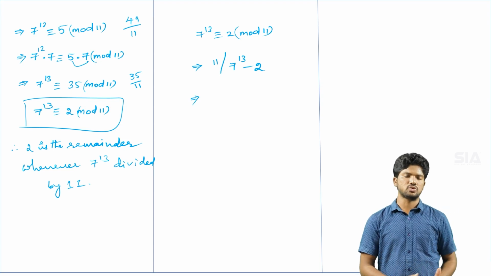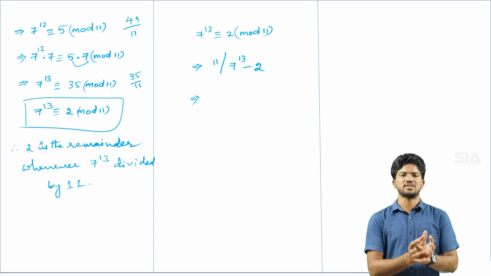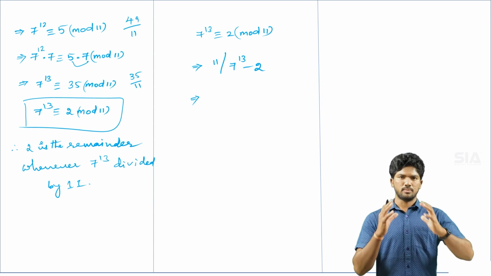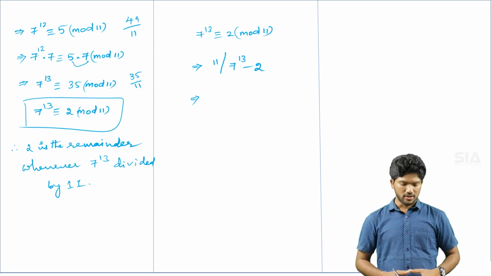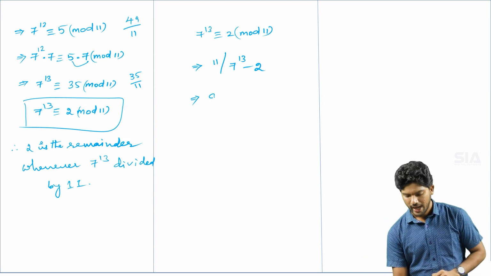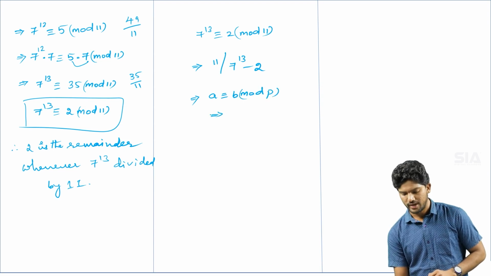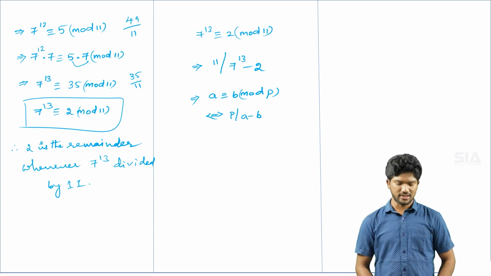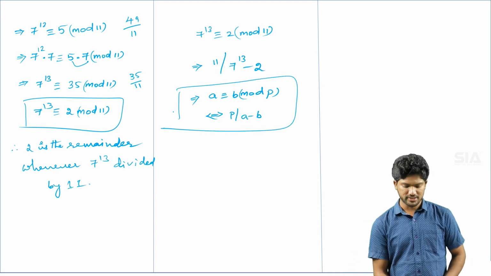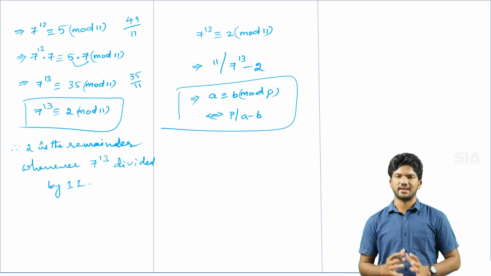Then 2 is the remainder only. For your understanding, I am writing the property of congruence: a is congruent to b modulo p if and only if p divides a minus b. This is the original definition of congruences, which you can study in higher classes.